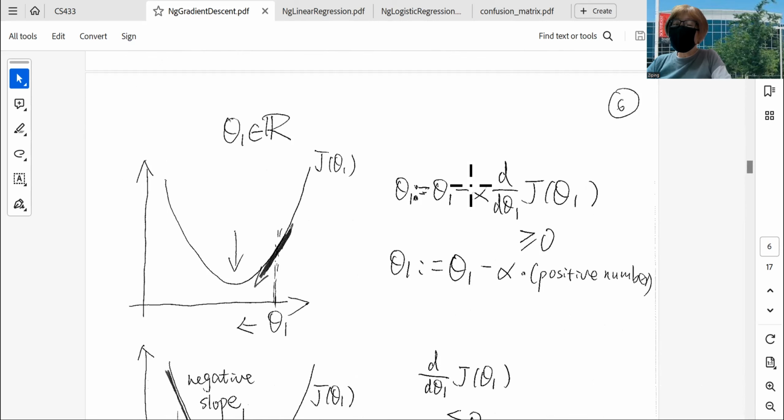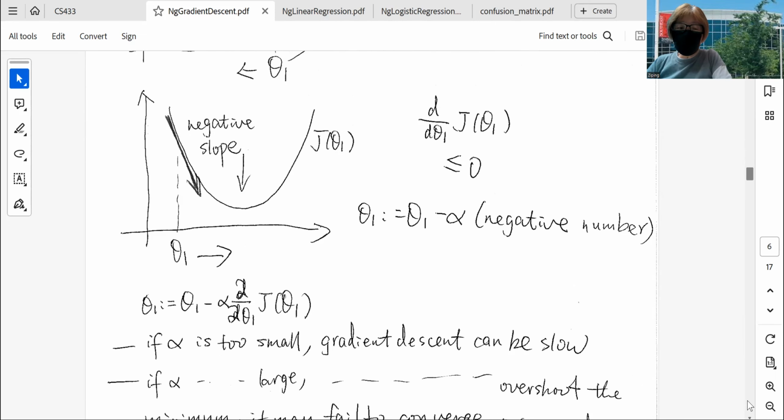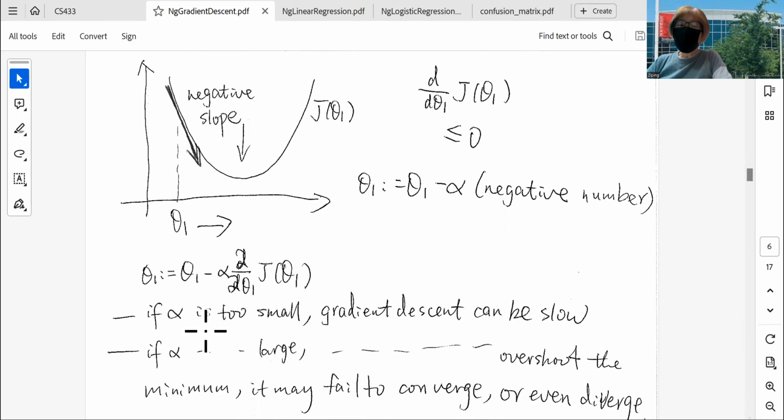And it involves the learning rate. And when we pick the learning rate, be careful. If you let it be too small, then it will take a long time. It will take a lot of epochs to get to the lowest point.